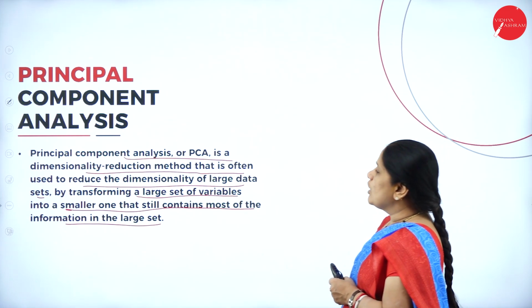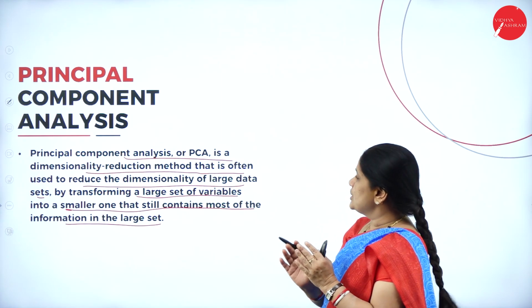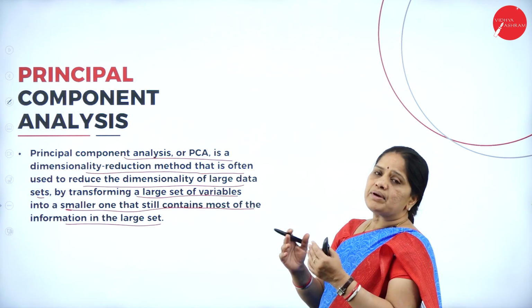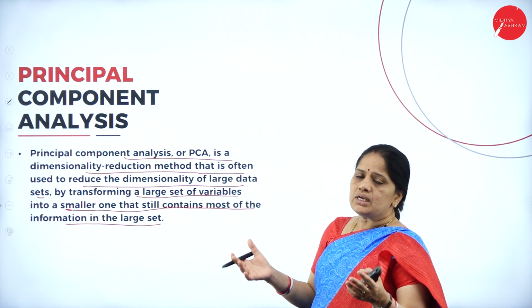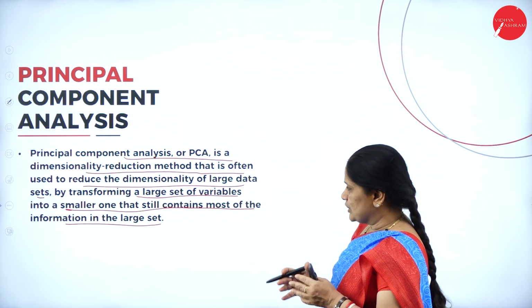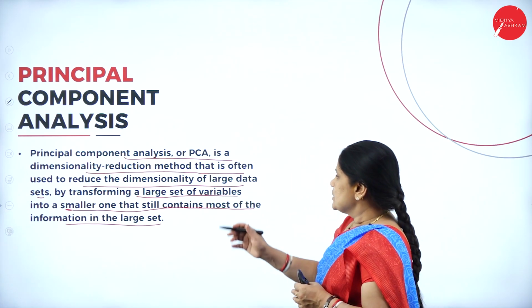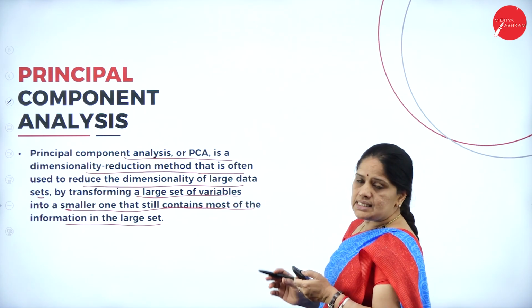So, this is used to reduce the dimension of the data. When you have a large set of variables, you transform that into a smaller one that still contains most of the information in the larger set.